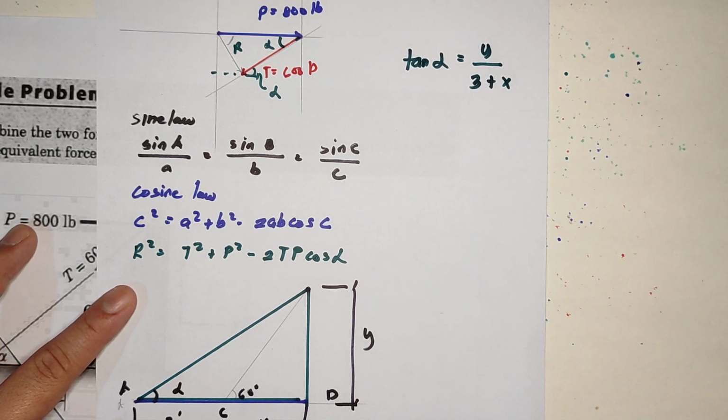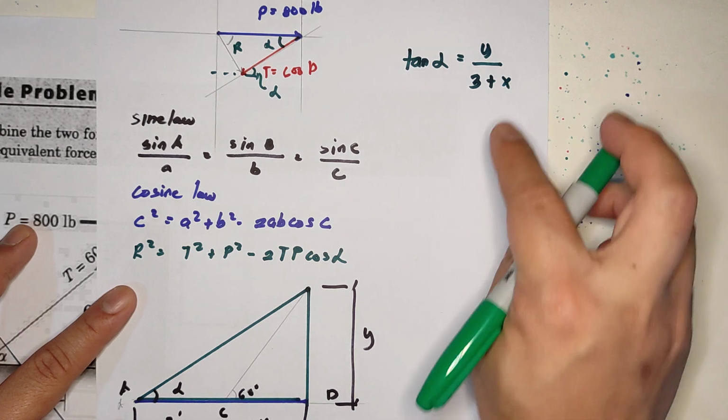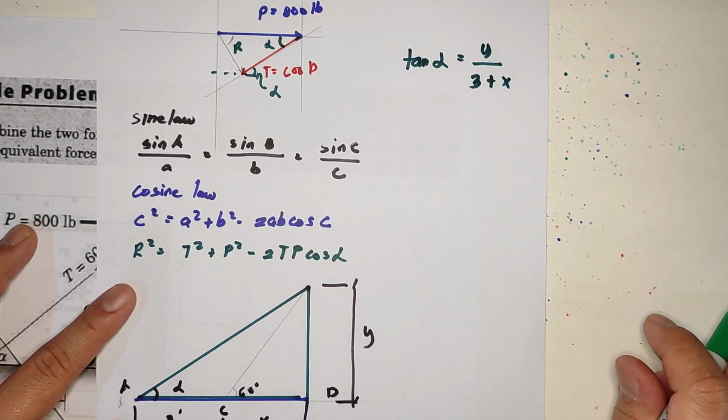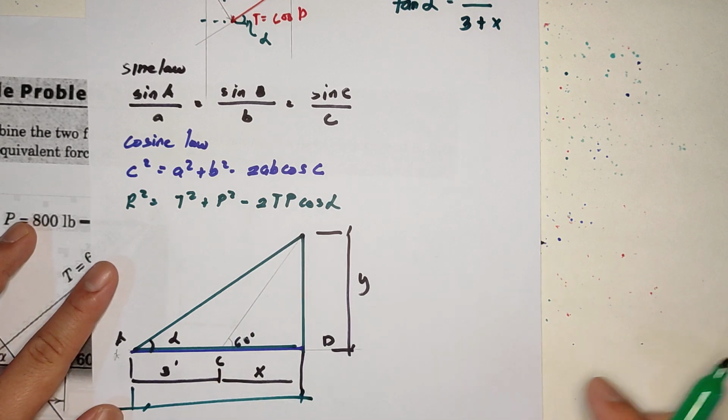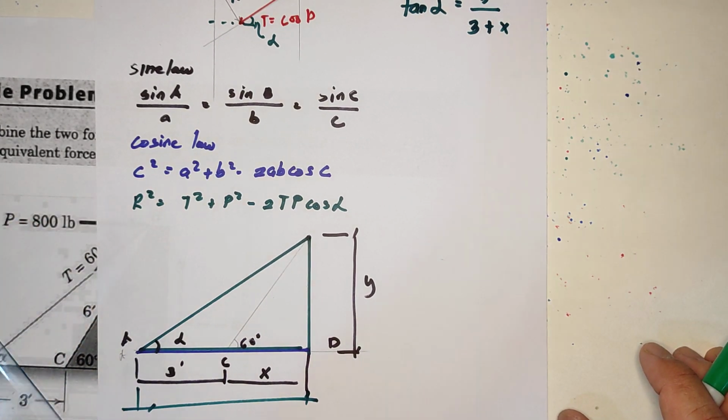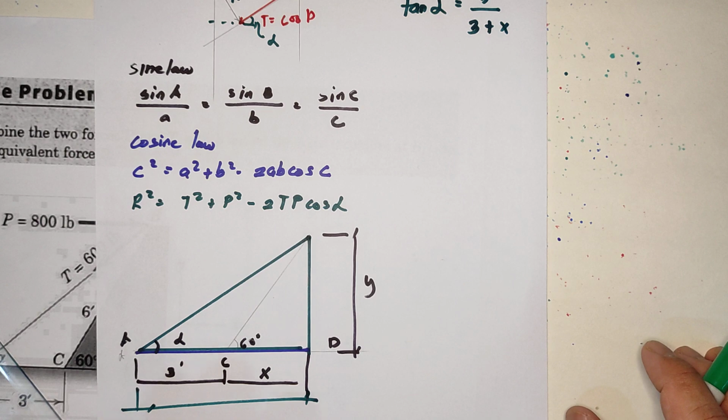So this is the length, 3 plus x. So we have to determine the y and the x.